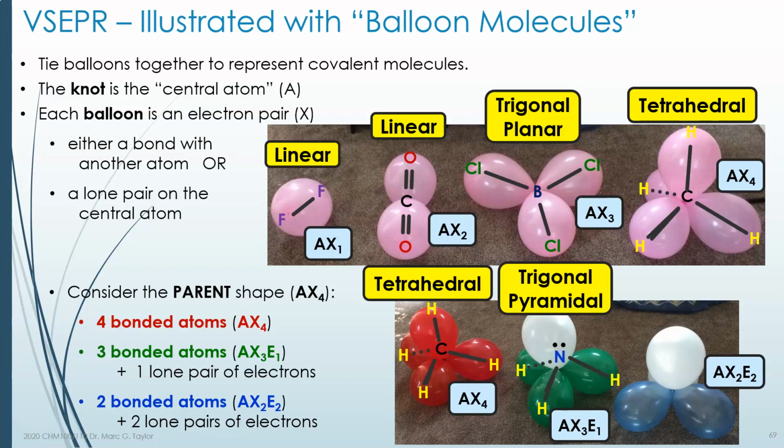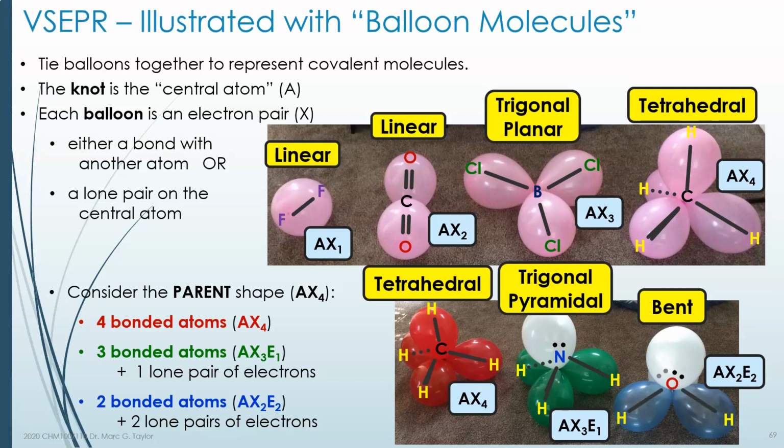So we would still designate the parent structure as AX4, but the actual final structure in this case is AX2E2. 2 are bonded, the X's, 2 are not bonded, the lone pairs, which we represent as E. But the total is still 4, they're still trying to get away from each other, and as a result, the 2 that we can see, the blue balloons, form a shape we just call simply bent.